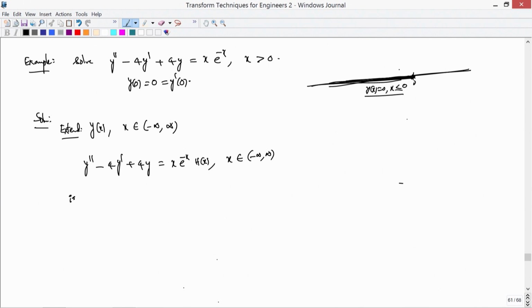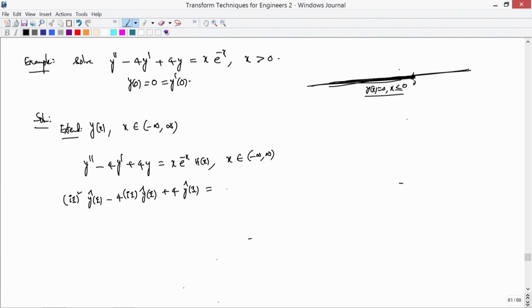Now, as usual, apply the full Fourier transform. You see that (i xi) whole square y cap of xi minus 4 i xi times y cap of xi plus 4 times y cap of xi equals the Fourier transform of this.